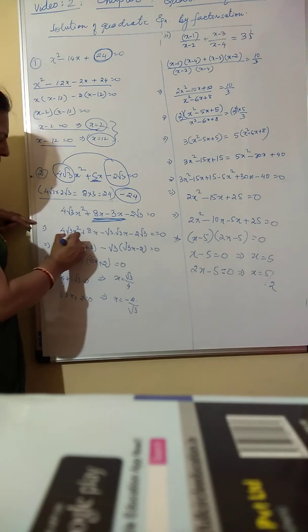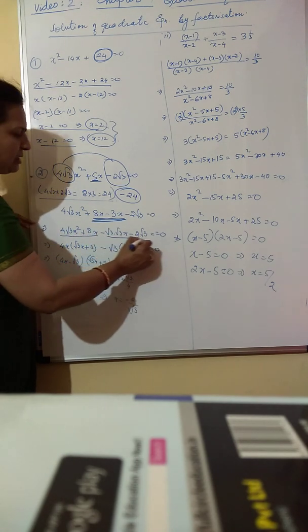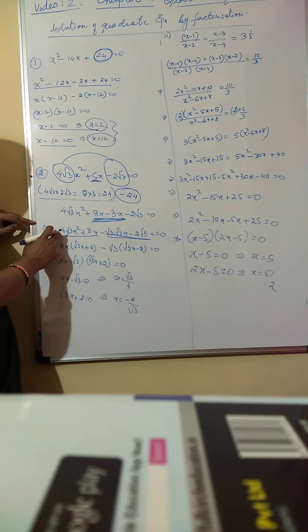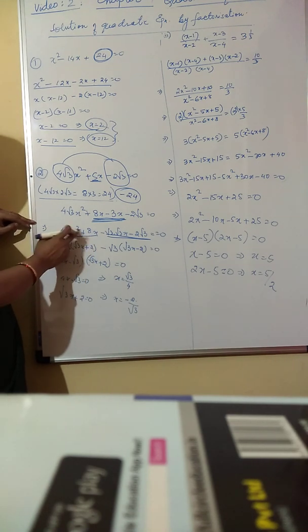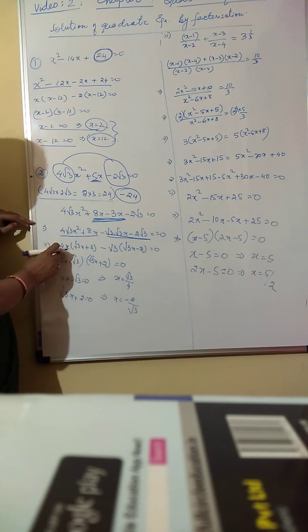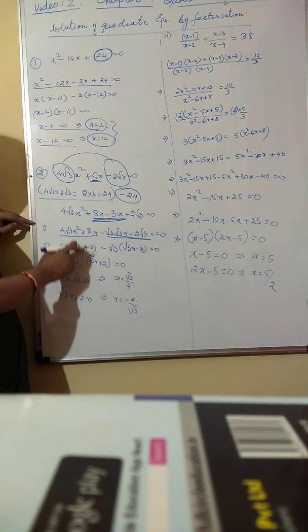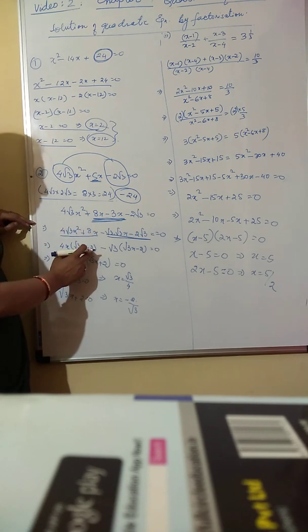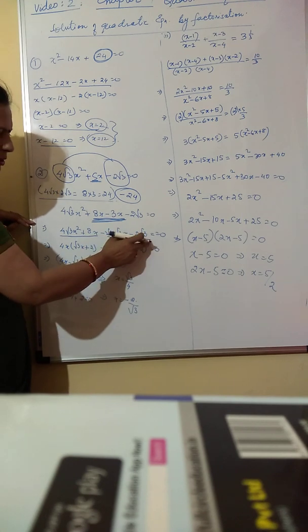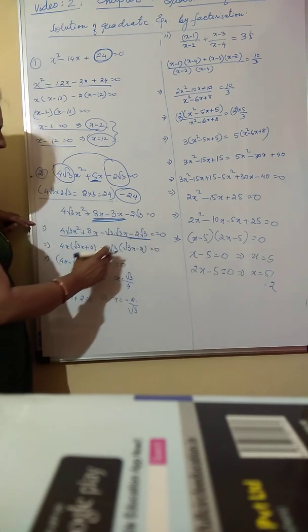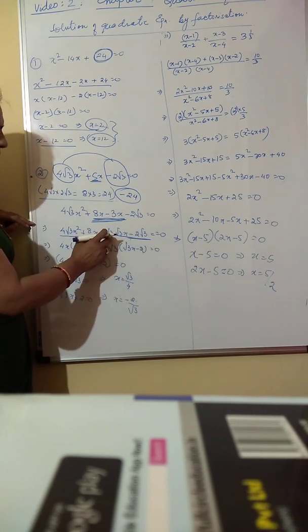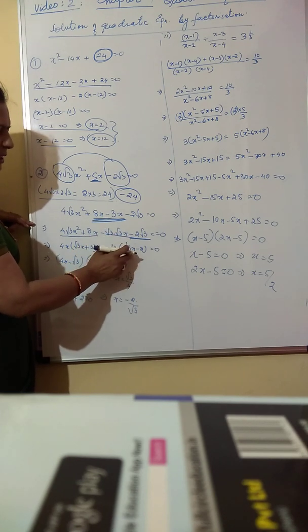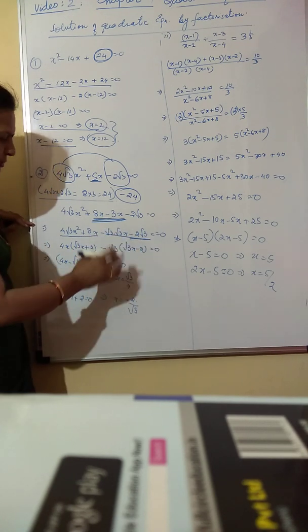So now again you find the common terms from these. Here you see that 4x is common for obvious reason. So we take 4x common. In the first term we are left with root 3 x, in the second term 2. Here both the terms have got root 3, so I take root 3 common. If I take root 3 common, I am left with root 3 x minus 2 equal to 0.